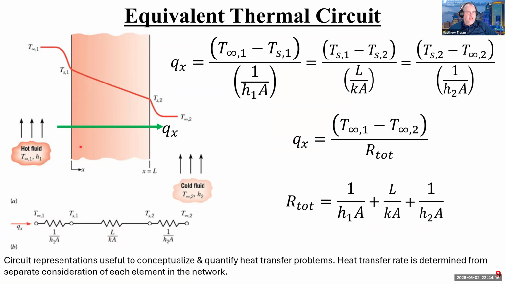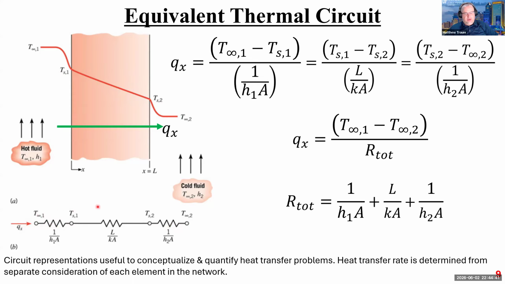And if I've got processes where I've got a convection and then a conduction and a convection, and those are happening in series, then I can just write the equivalent series resistances, and I can use all of my circuits resistance equations to figure out what the total resistance of this thing is.